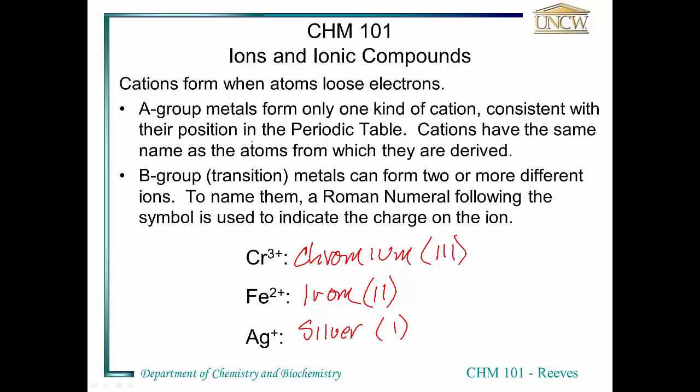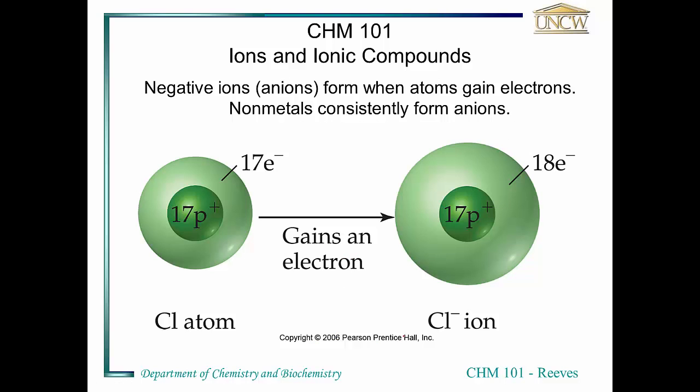All alkali metals are +1, all alkaline earth metals are +2, and so forth. So that's the rule. If there are transition metals, you need to indicate the charge. If we give you a transition metal compound, one way or another, we will have to indicate the charge.